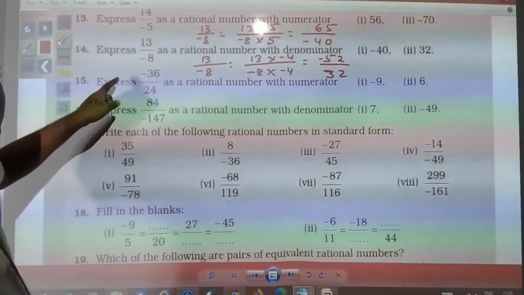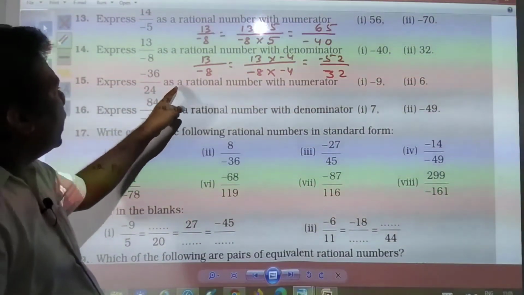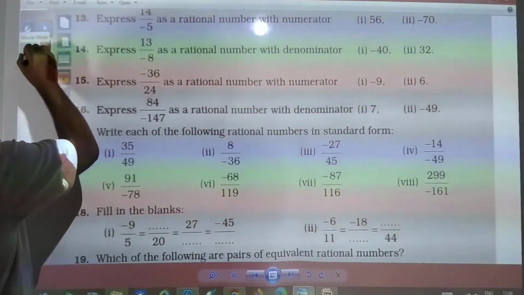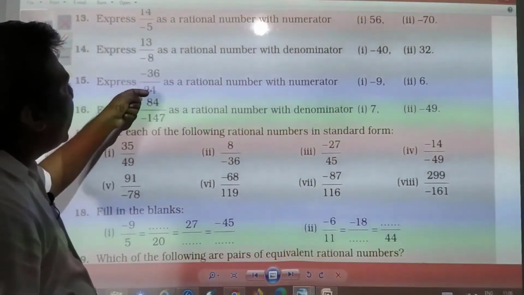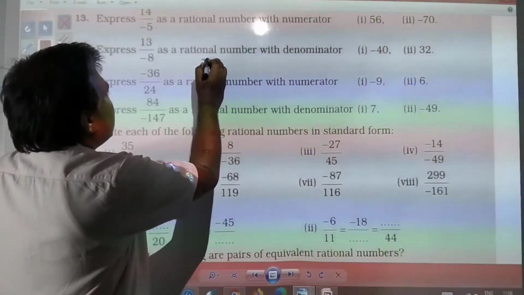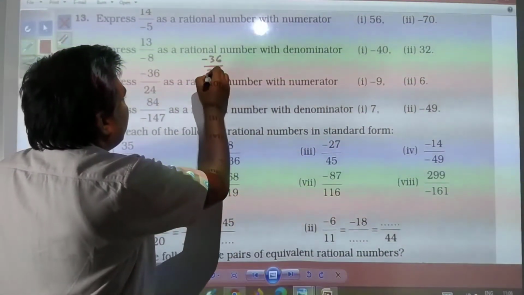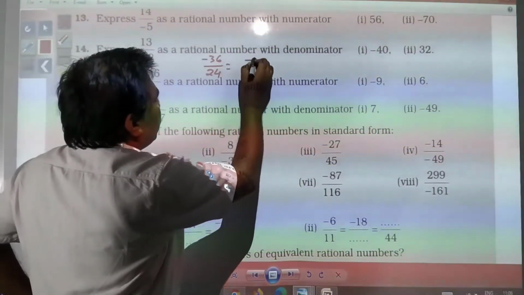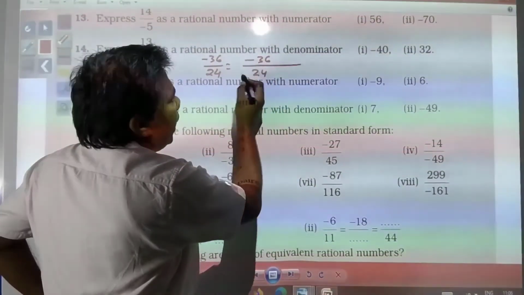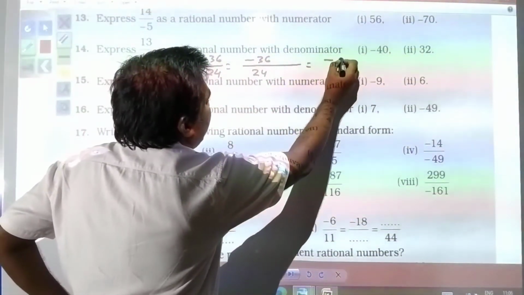Then you have expressed minus 36 by 24 as a rational number with numerator minus 9. Here you see, you need to divide by what number so that you will get minus 9. Minus 36 by 24 you have, so you need to divide this number minus 36 so that you will get minus 9.